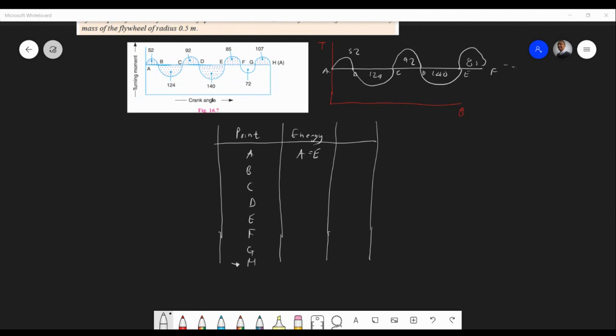If you want to follow on your textbook, we are at page 575, doing example 16.5.